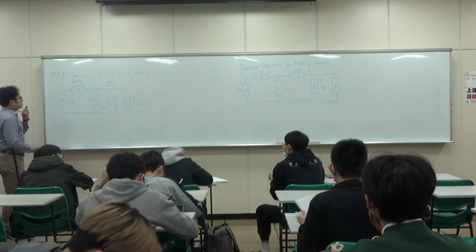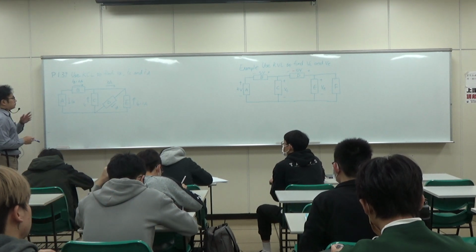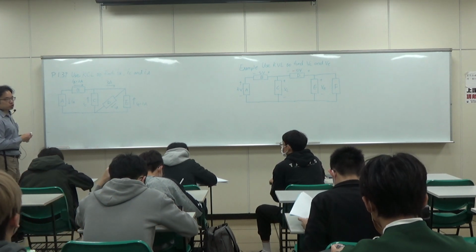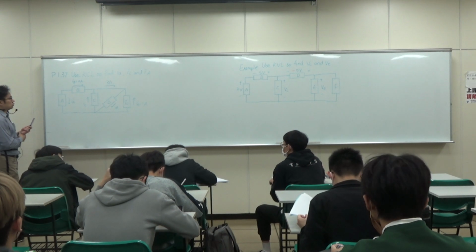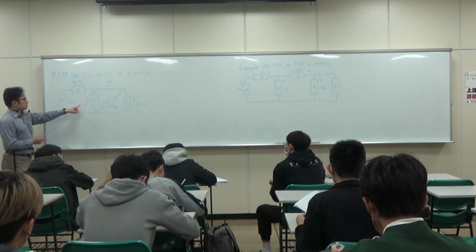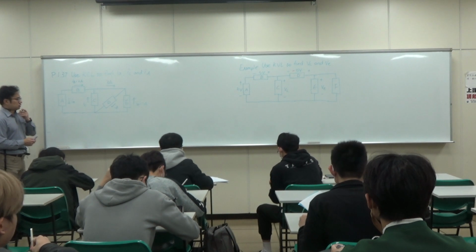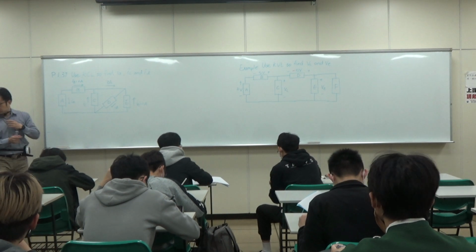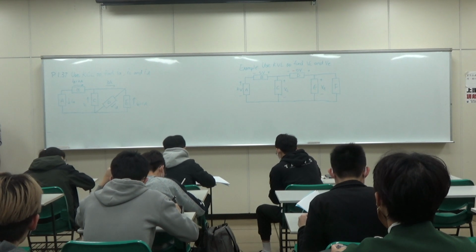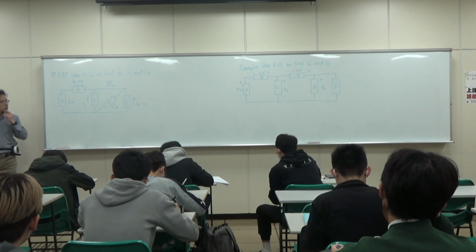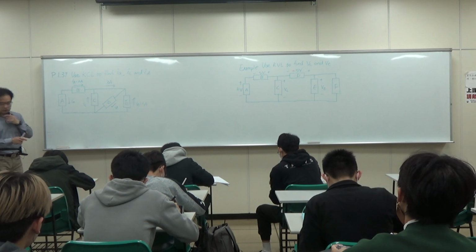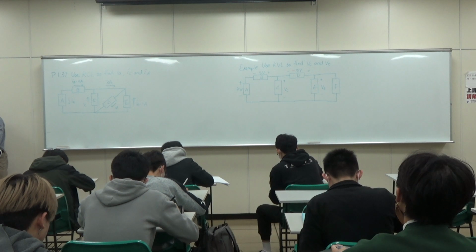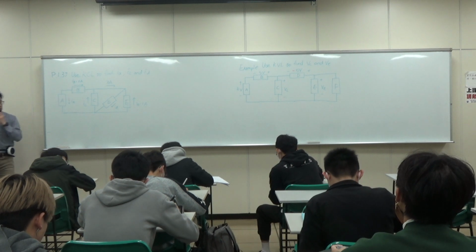So in this problem, it asks you to use Kirchhoff current law to find IA, IC, and ID. And so in this case, several currents are known.